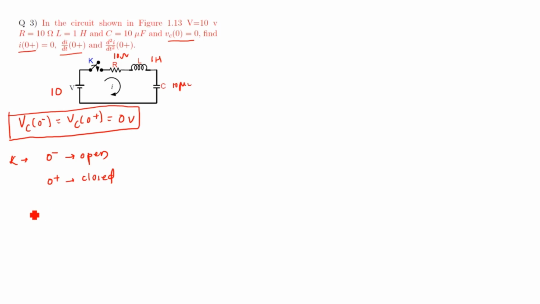Okay. Then what is the equivalent circuit before switching? Before switching, the switch was open. It is a resistor, an inductor, a capacitor. Then what is this current?